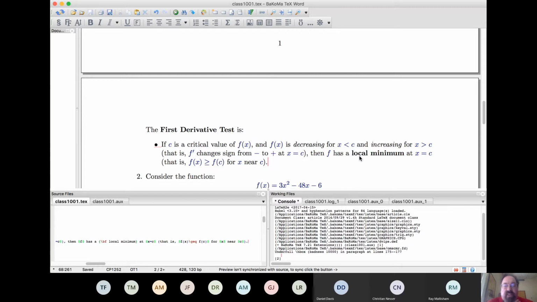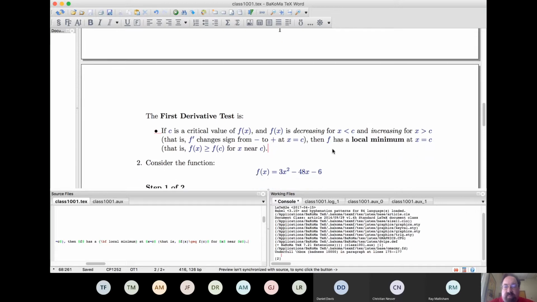So the first derivative test is used to determine if a certain point x equals c that's known to be a critical value might be a local minimum or maximum. Now, in the next lesson, 3.5, we'll learn about finding the absolute maximum or minimum of a function, a point that is greater than or less than all values of f on a certain domain.